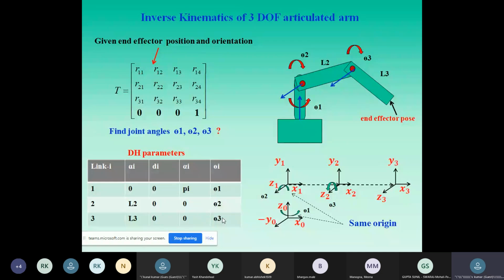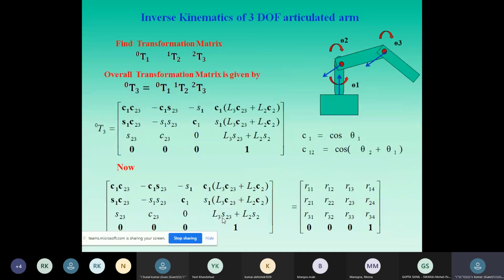Then we find the transformation matrices from 2 to 3, 1 to 2, and 0 to 1, using the DH parameters. We know the DH transformation matrix, and we put in the values for every link, and then we find the overall transformation matrix.